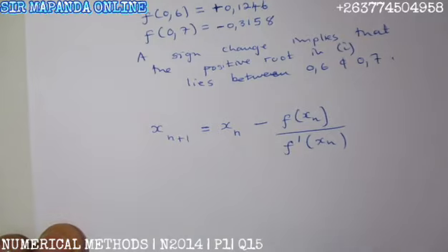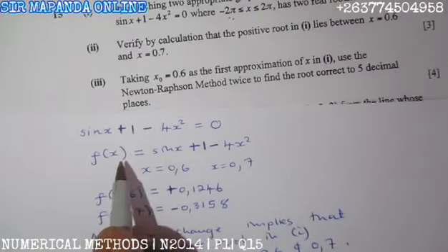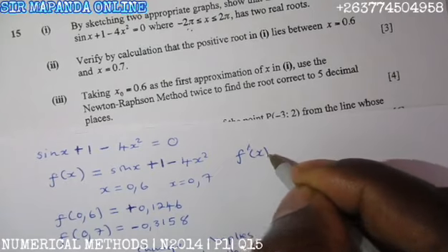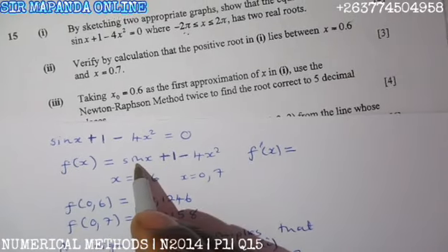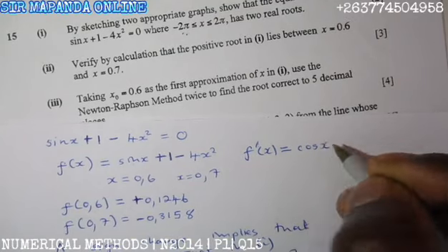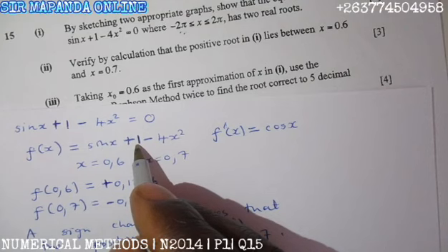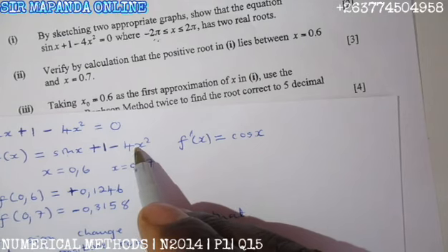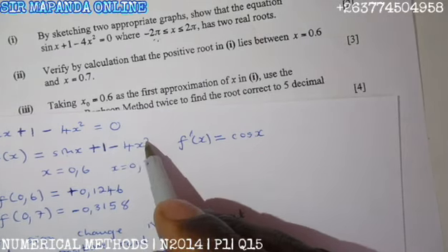So we need to find the derivative of f of x first. So f prime of x is equal to derivative of sine x, you get cos x. Derivative of 1 is 0 since 1 is a constant term. Then derivative of minus 4x squared is going to be found using the power rule.